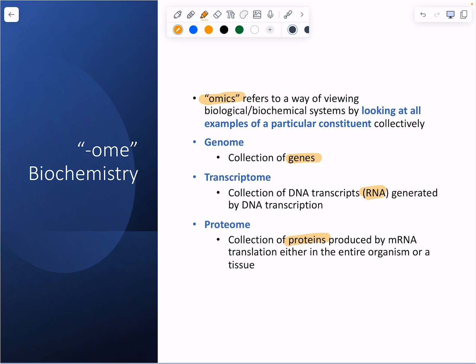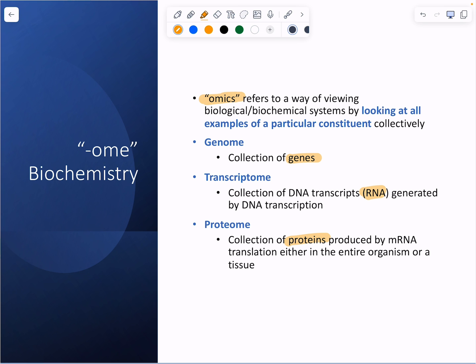Or does the mRNA get made but not processed so I don't get the protein? Or maybe the mRNA is fine, but one of the enzymes that adds a functional group onto the protein at the end is wrong. All of these things are important to be able to analyze.